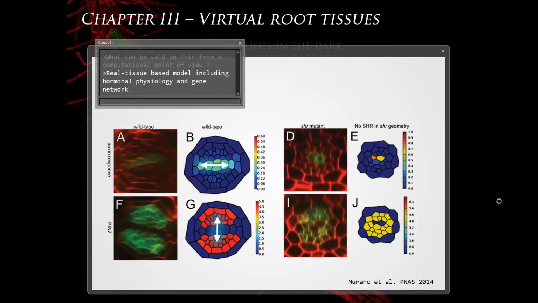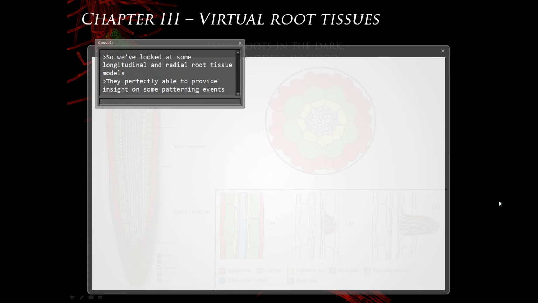All right, so we've looked at some longitudinal and radial root tissue models which are perfectly able to provide insight on some patterning events.